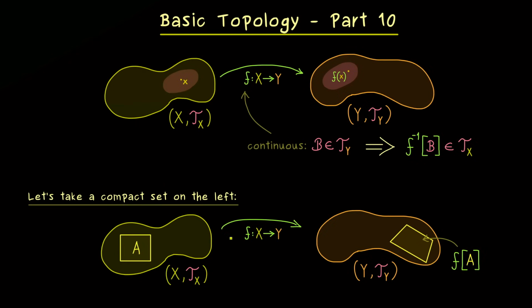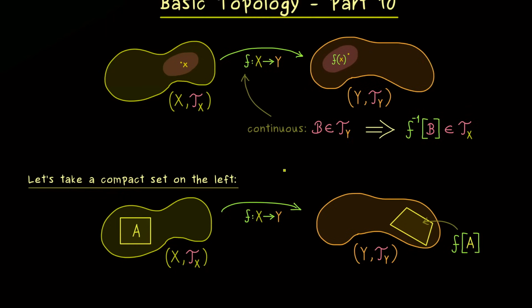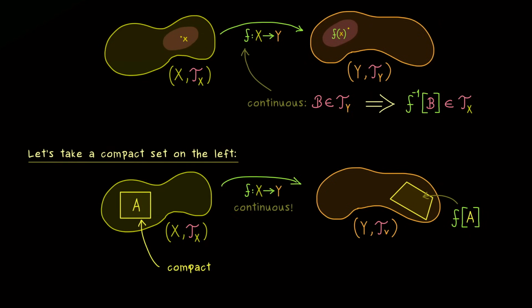And now obviously under a general map F, a lot of things could happen to the image F of A, but now we consider a continuous map F. And now the nice result is that the property compact for a set A remains under a continuous map. So we can just conclude that the image is compact in the topological space Y. This is a really important result that we can always use when we have continuous maps involved.